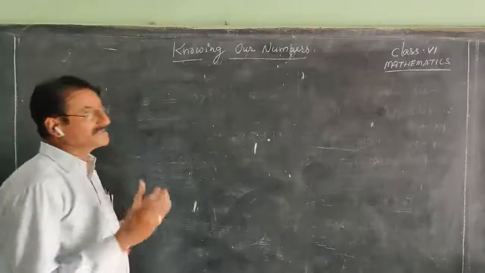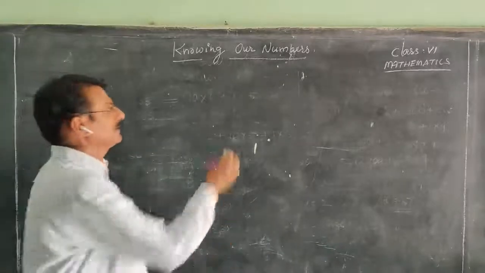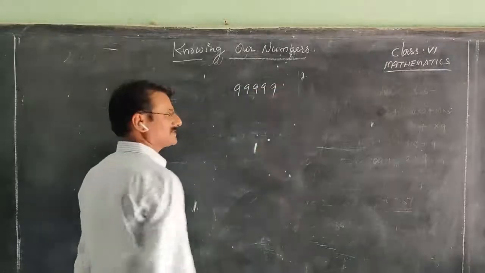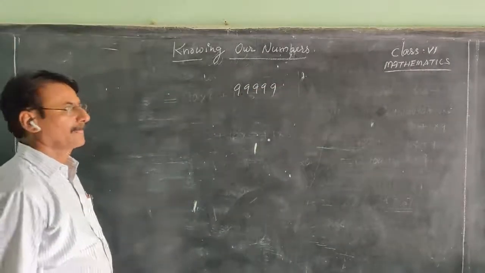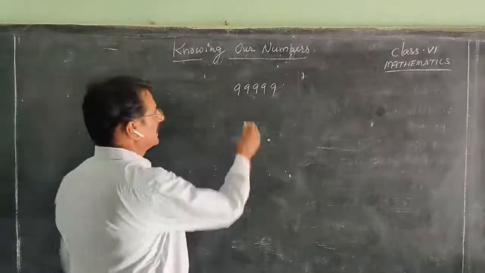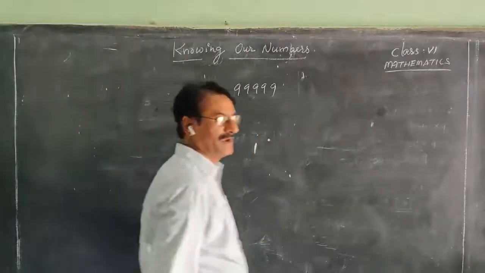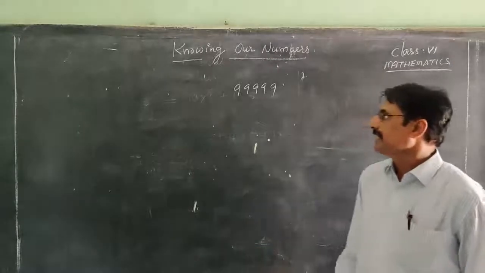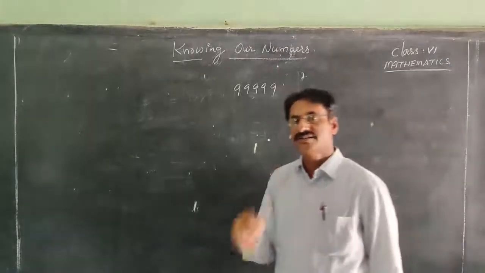What is the highest 5-digit number? If we take 9s in all places, 99,999. It is the highest 5-digit number.